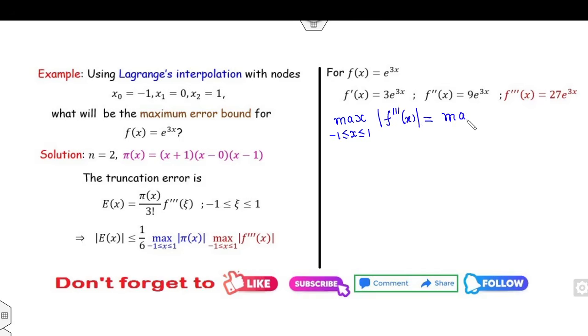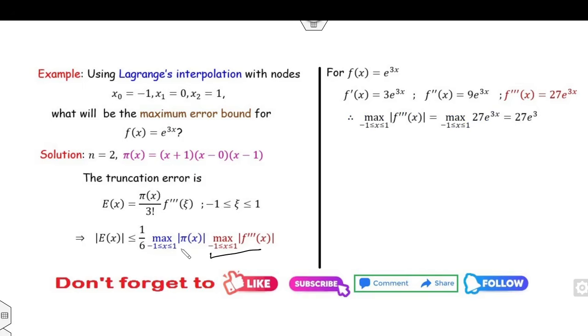Which is equal to the maximum value from minus 1 to plus 1 of 27 e of 3x. Now clearly e raised to power 3x is my increasing function. Once it is an increasing function, the maximum occurs at the upper bound. Upper bound is my 1. So it is 27 into e raised to power 3 is the answer of this case.